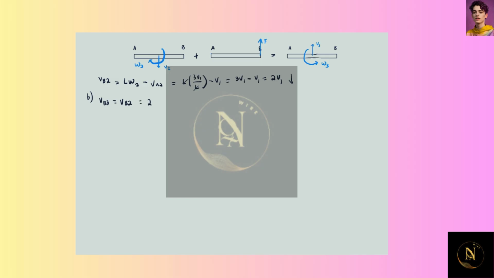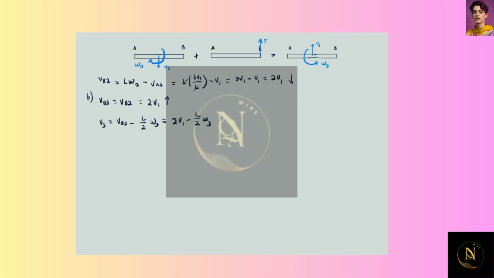So that would be 2V1 upward. Now, since the center of the rod is at a distance L over 2 away and V3 is in the opposite direction as VB2, the kinematics equation for V3 is V3 equals VB2 minus L over 2 omega 3, so that will be equal to 2V1 minus L over 2 omega 3.